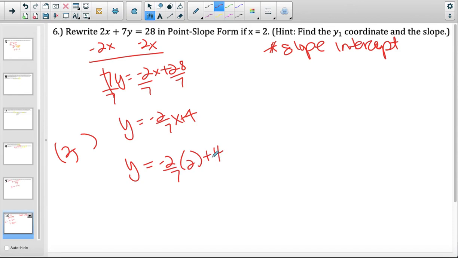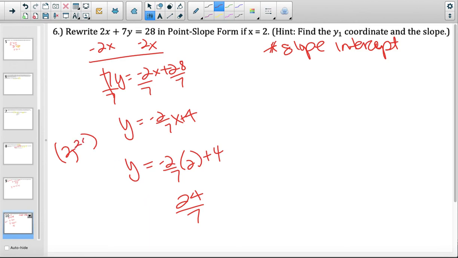If you use your calculator, that's going to be 4 is 28/7, so we're going to have 24/7, because we have a negative 2 here as our slope.